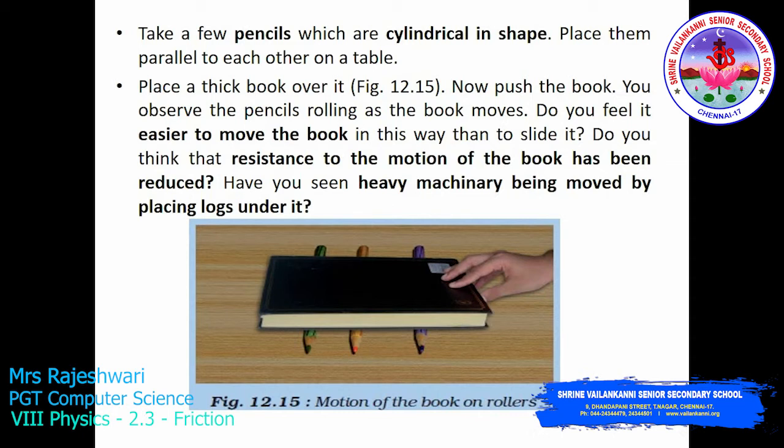Place a few pencils on the floor, and place a book above the pencils. Now push the book. Once you push it, you can observe that the pencils also move along with the book. The pencils start to roll as the book moves, and you will find it very easy to move the book in this manner.